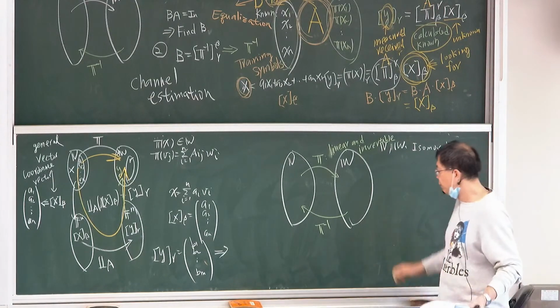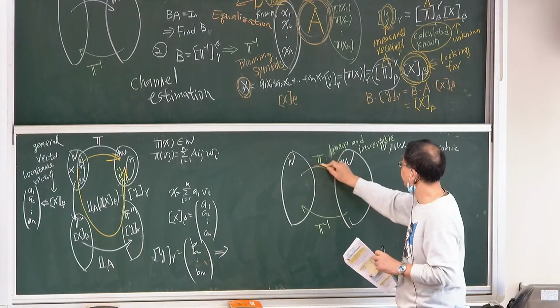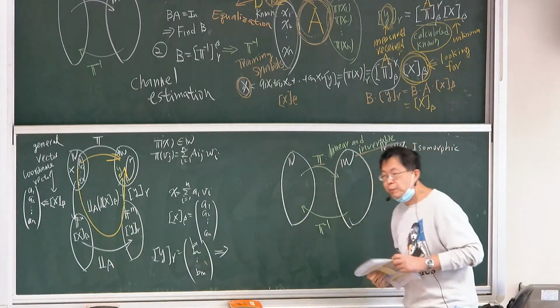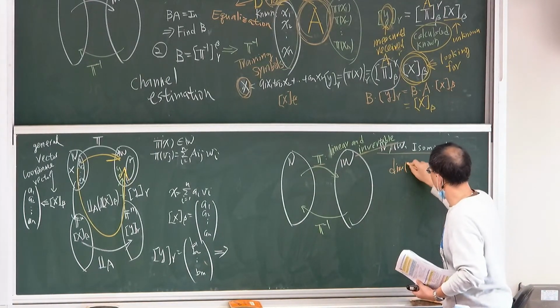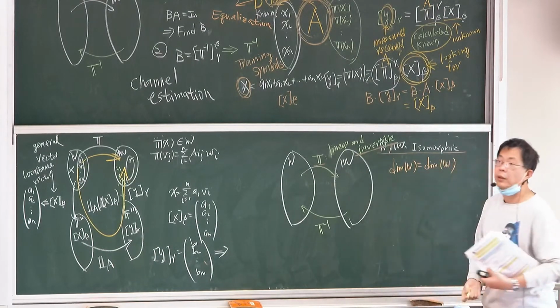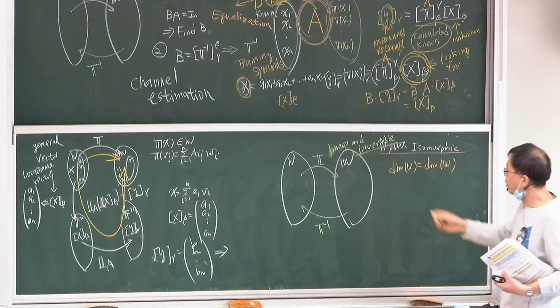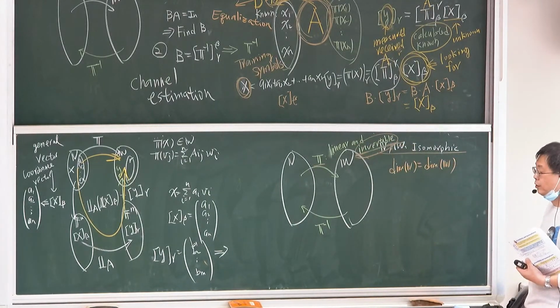So what does that mean? Because we have a transformation which is invertible, isomorphic means that dimension V equals dimension W, because there exists an invertible linear transformation here.